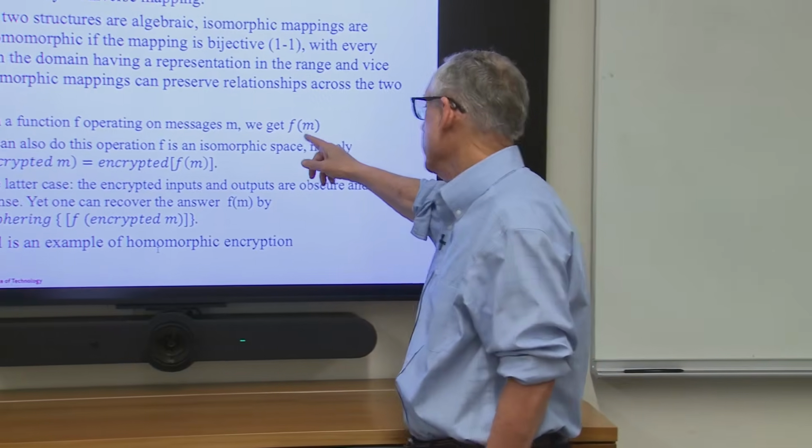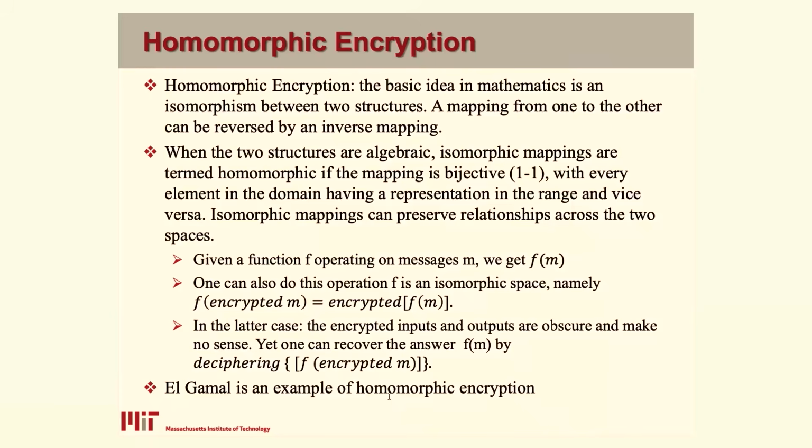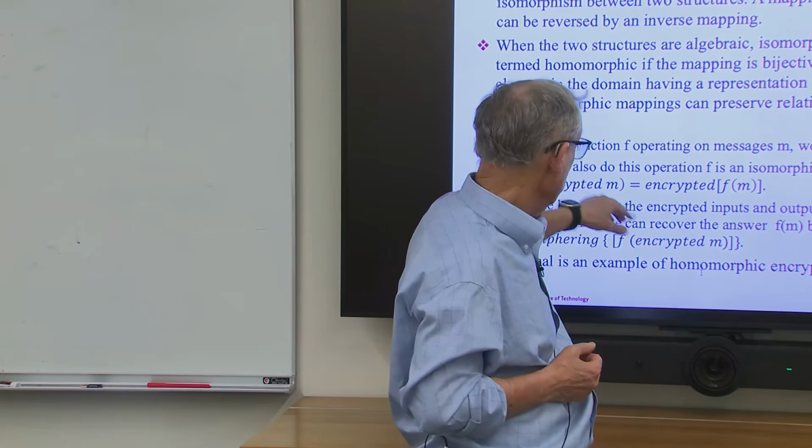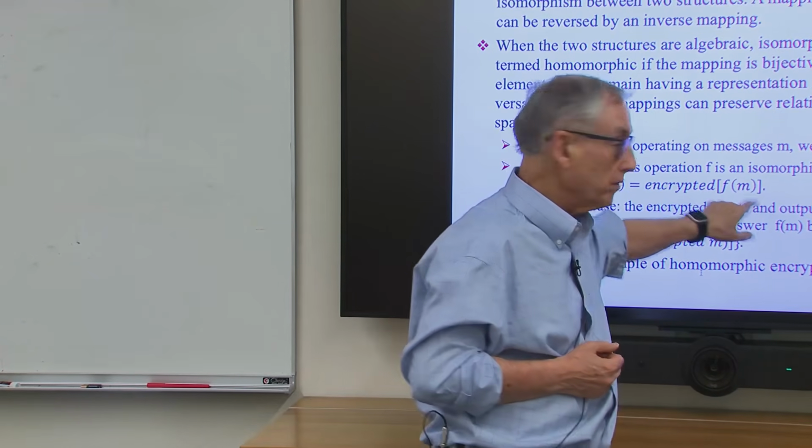But the sender of the message may be worried that she'll reveal something, so it gets encrypted: the encrypted value of m. f now operates on the encrypted value. It turns out that with this isomorphism, that is equivalent to the encrypted value of f of m.